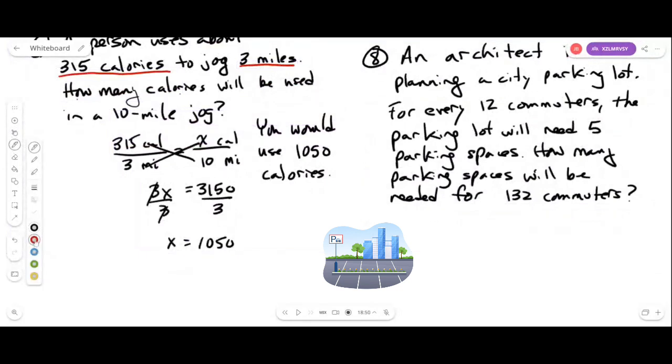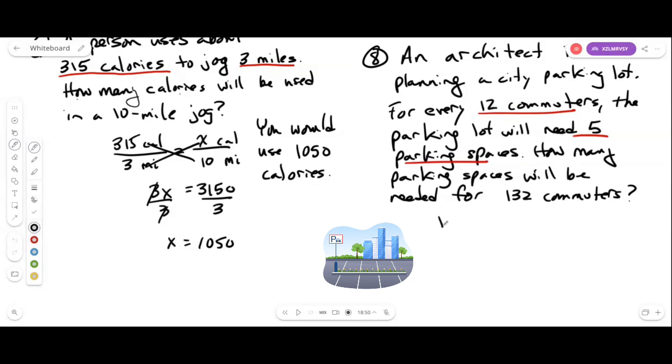First thing we do is find our given ratio. It tells us 12 commuters, 5 parking spaces. So you've got to find inside of that word problem, what is the given ratio? 12 commuters, we need 5 parking spaces.